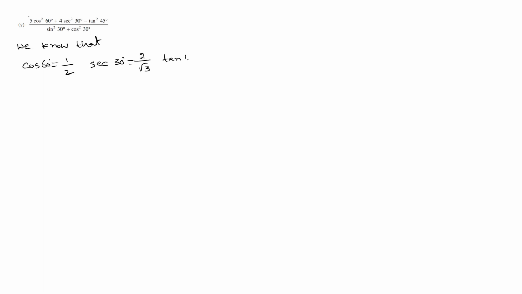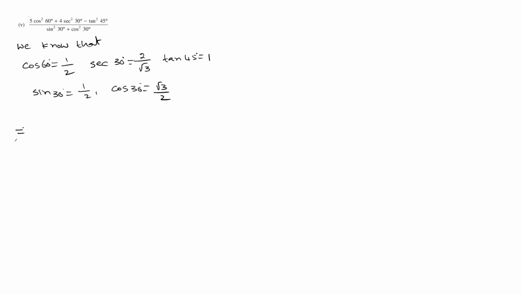Next, tan 45 degrees is equal to 1. Next, sin 30 degrees is equal to 1 by 2 and cos 30 degrees is equal to root 3 by 2. So all the values we will substitute here.